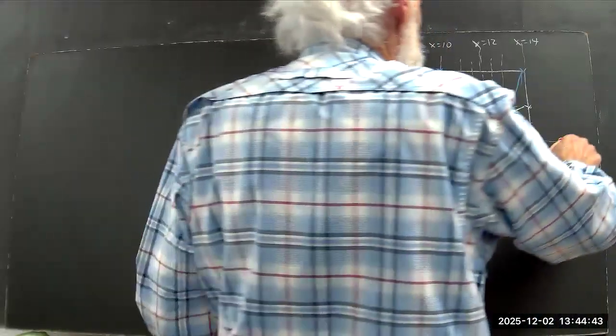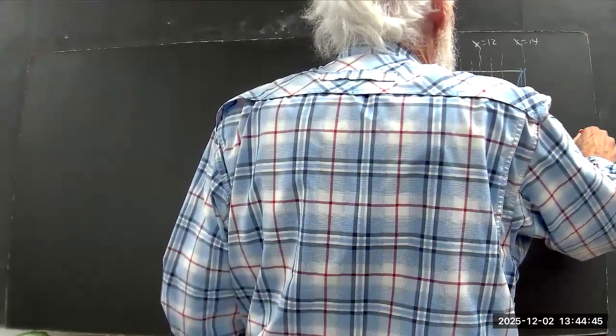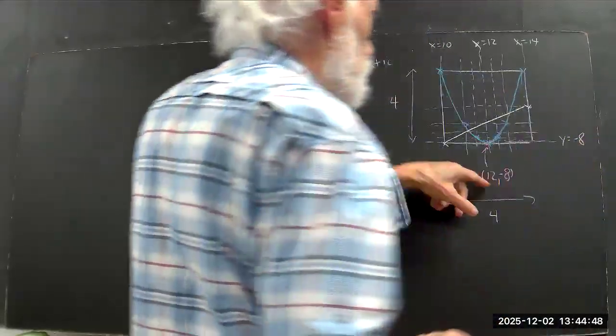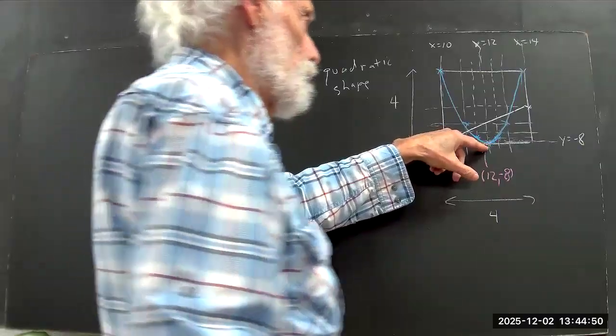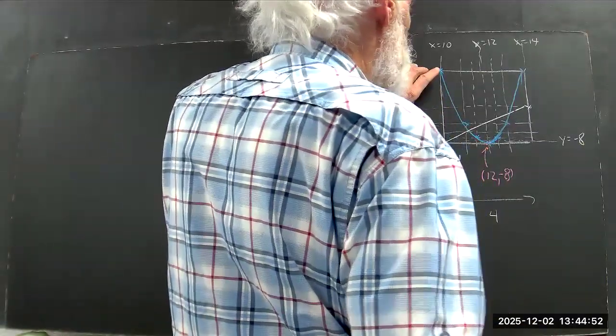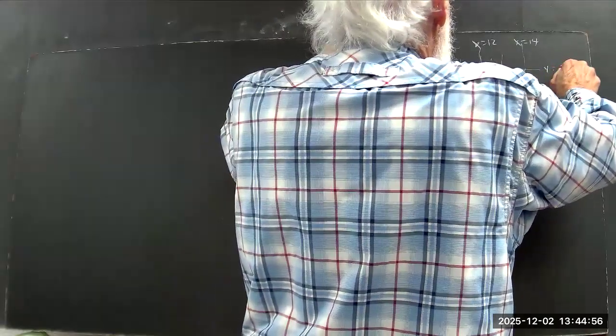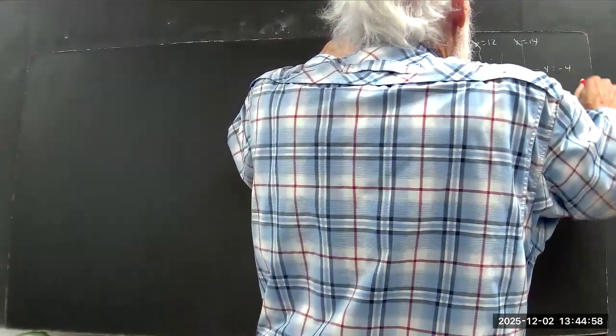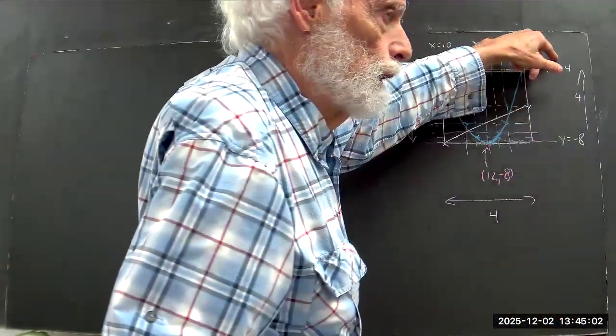We know that y equals -8 here, because -8 is the y coordinate of this point. Thing's 4 units high. So if we go up 4 units from -8, we get to -4.